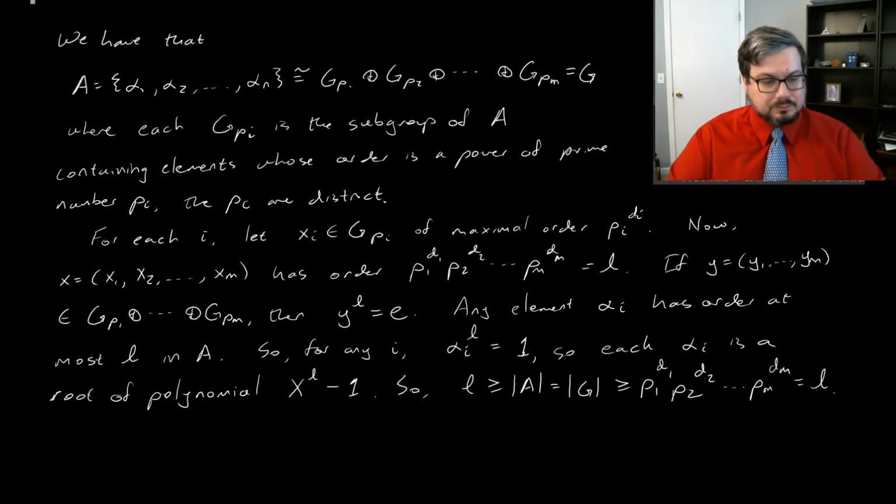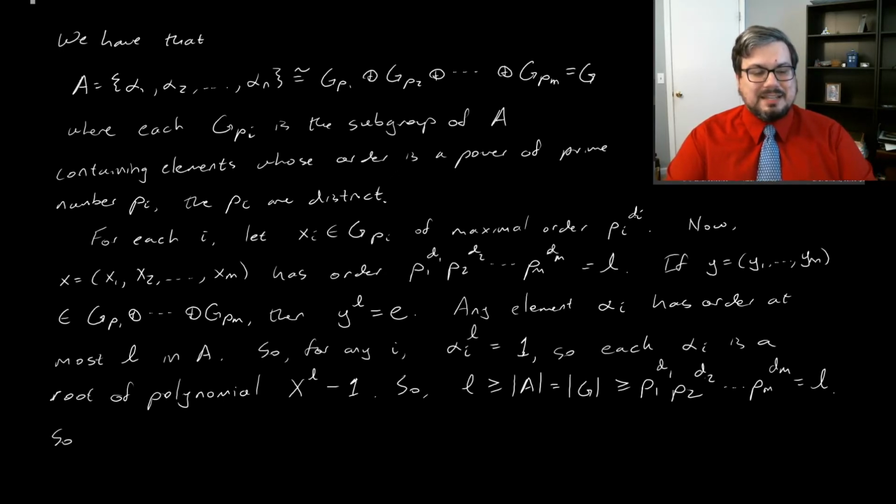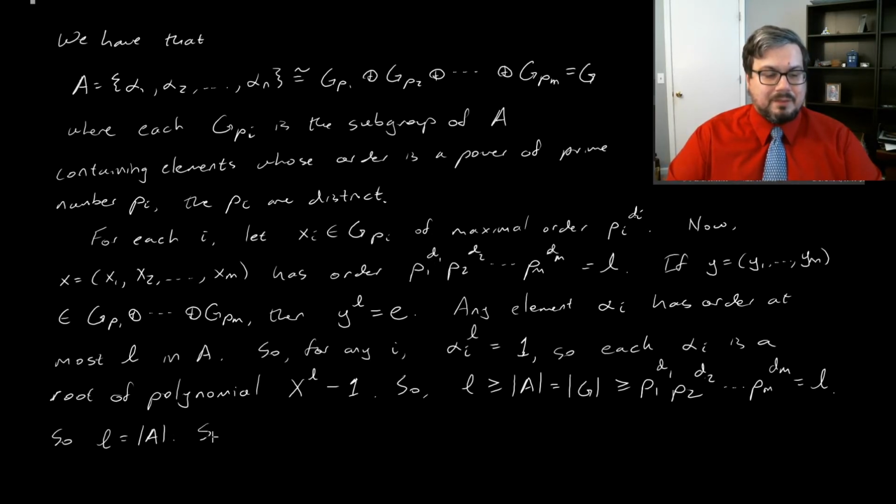So we have equality throughout. So that means that there exists an element x. This element x has order L, and L is equal to the order of A. So that means that actually G is a cyclic group.